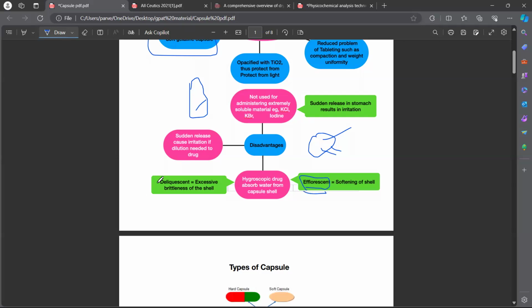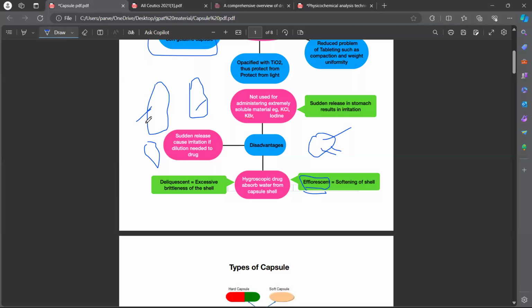And what about deliquescence? Guys, tell me what is meant by deliquescence. Deliquescents are materials which absorb moisture from the environment and convert into a solution form, for example NaCl. When we pack such deliquescent materials in the capsule, they absorb the moisture which is present in the capsule, by which the whole capsule becomes hard.